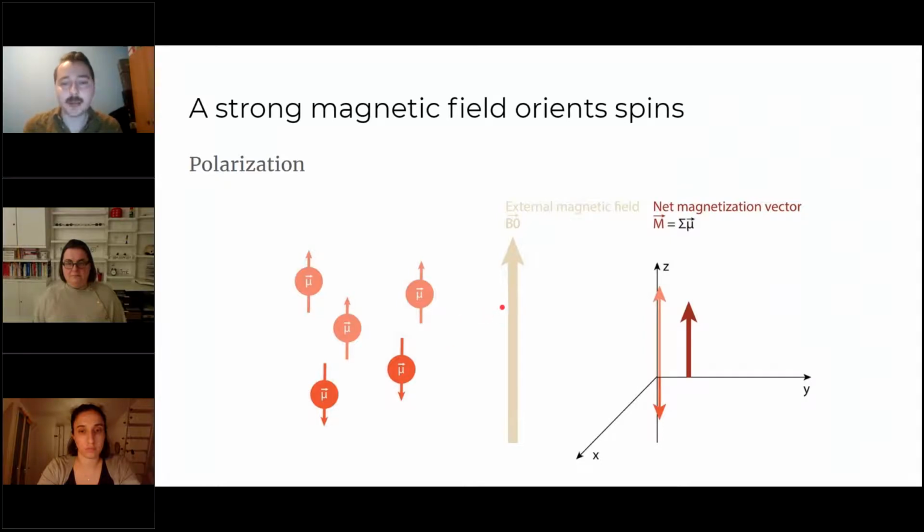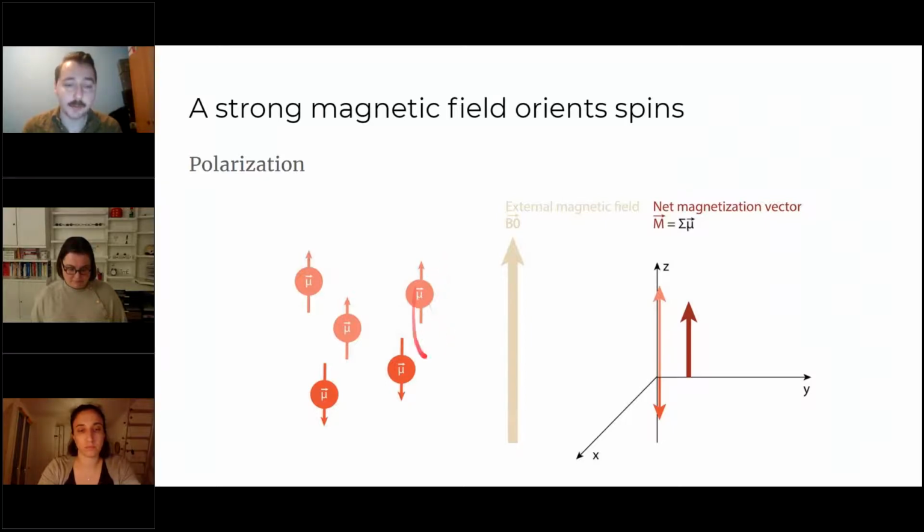Specifically, if we imagine the magnetic field as this line, as I represented here, as a vector, because this has an orientation as well, it's standard to call this B0, but it doesn't really matter. This will basically cause the spins to orient themselves in one of two states.